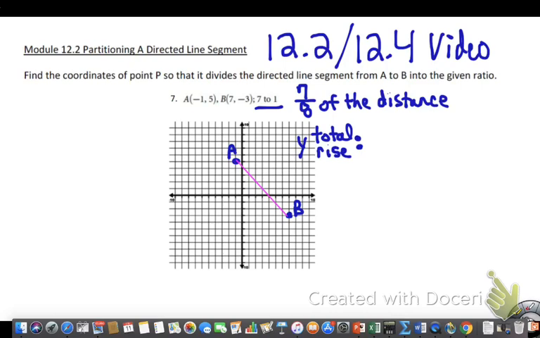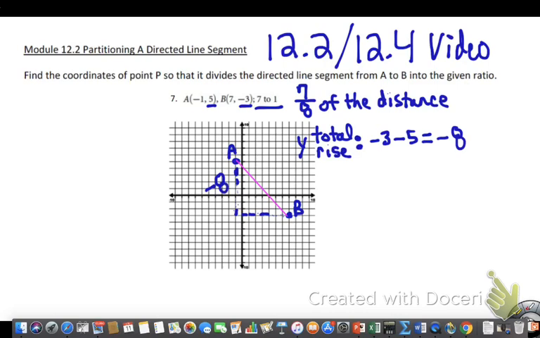If we're going from A to B, we're going to subtract the Y coordinates. So we're going to do -3 minus 5, and that's going to be -8. See if it makes sense. If you go from A to B, you're going down, and then you're going over.